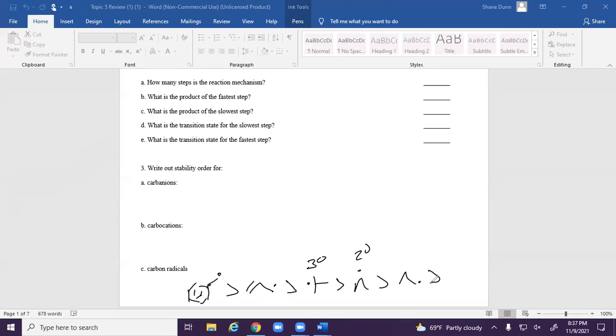And there's this last one, which is directly connected to a double bond. This is extremely unstable for radicals. For example, it looks like this. You have a radical connected to a double bond, that is extremely unstable.